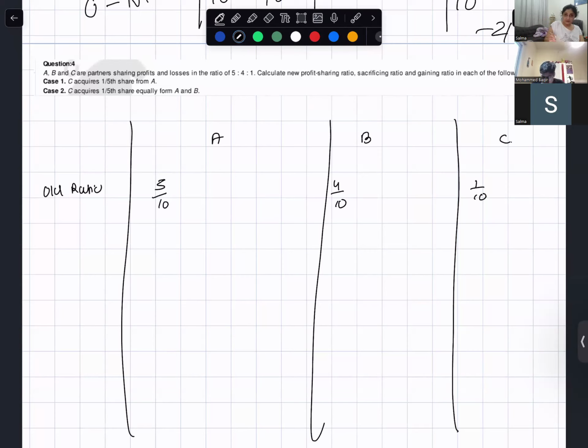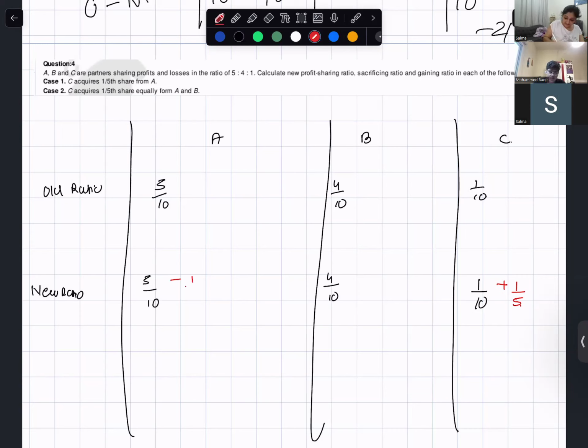Now new ratio. C is going to acquire 1/5 share, and this 1/5 share he is going to acquire from A and B equally.